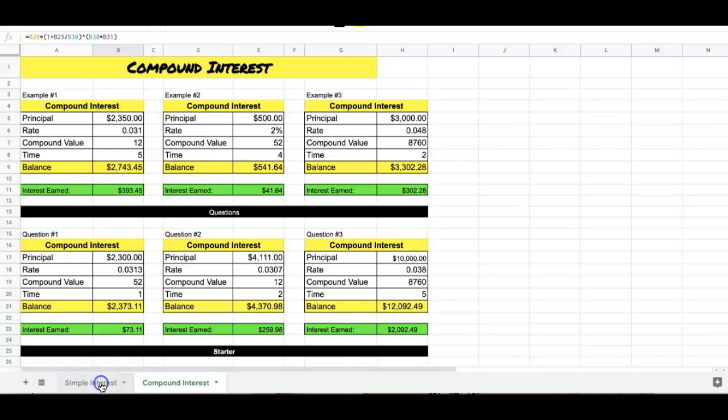Just like we had a simple interest tab and a compound interest tab, I'm going to add a third tab by hitting the plus sign over here. I'm going to click in here and type in continuous interest. And then I'll title that up at the top here, making it much bigger for a title.